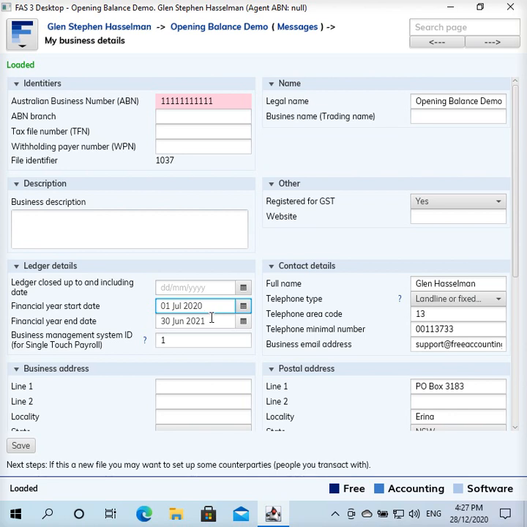The date that I'm going to enter opening balances is the 30th of June 2020, so it's the day before you start using free accounting software. And one other thing to point out here is the ledger closed date I've got blank, so it's going to let me enter transactions with any date on it. After you've entered the opening balances, you might like to move it a bit forward so that those transactions can't be accidentally changed, or you can't accidentally post a transaction into that period.